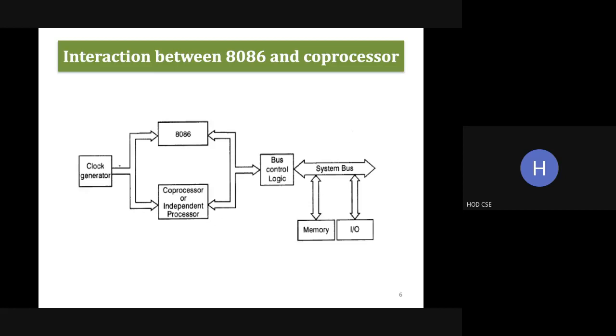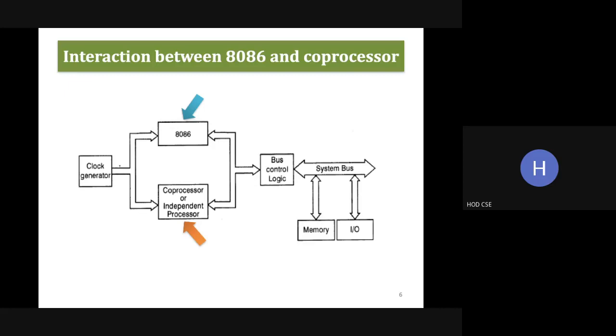This is the diagram showing the connection between the 8086 and the coprocessor. See here, we have the 8086 at the top, connected with the coprocessor 8087. The memory, the I/O, and the clock generator are all shared by the main processor and also the coprocessor.